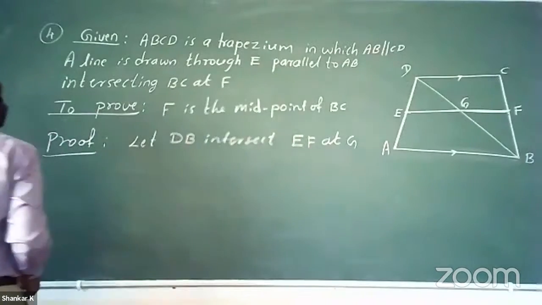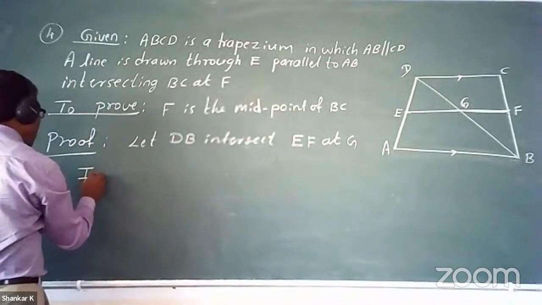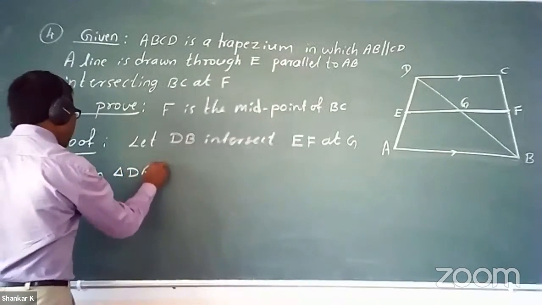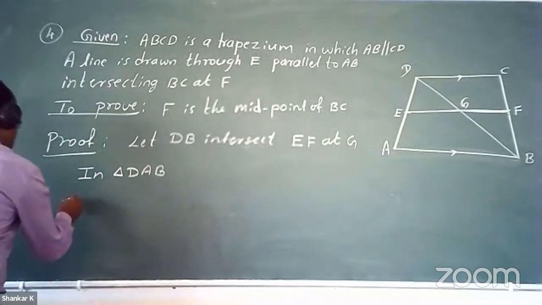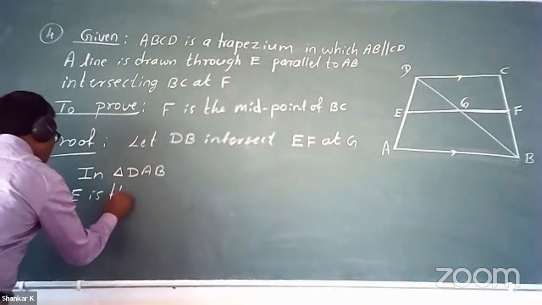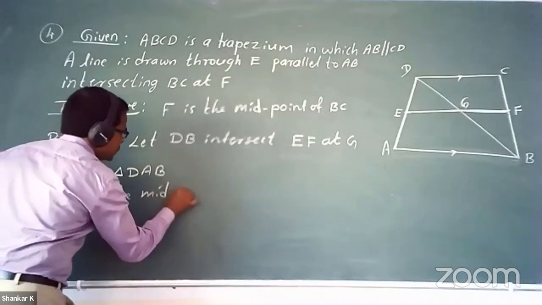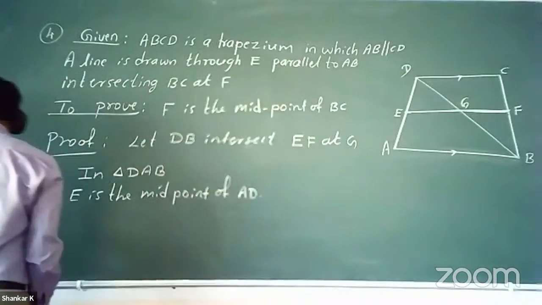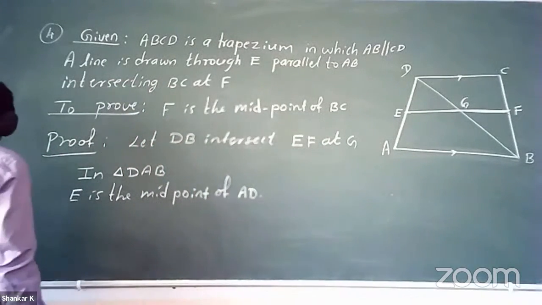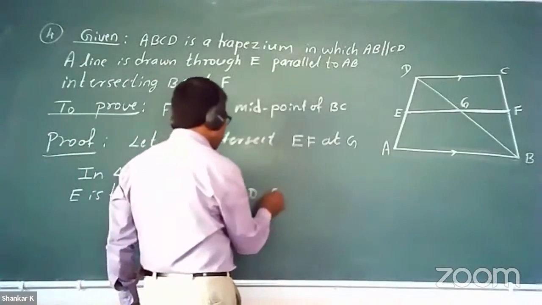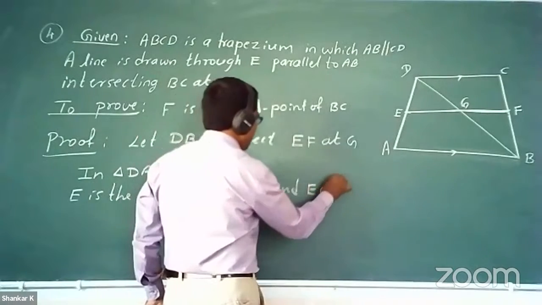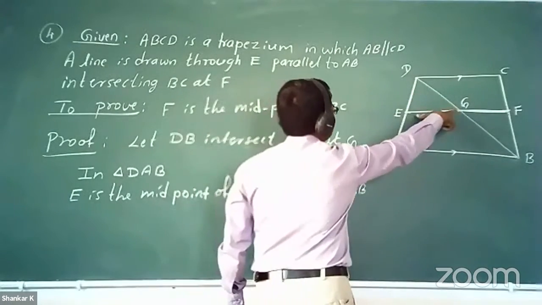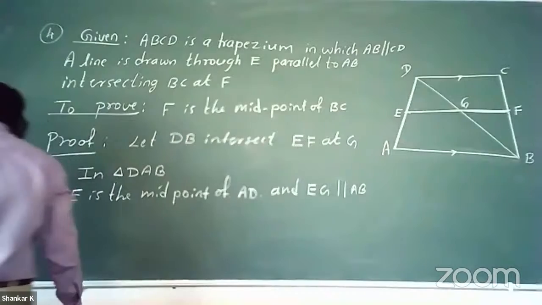Then in triangle DAB, which I already explained, E is the midpoint of AD, and EG is parallel to AB.